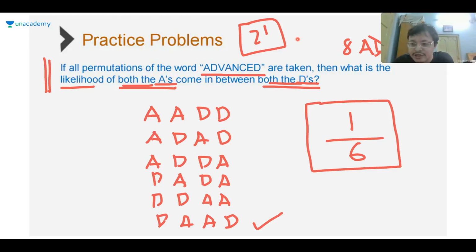So in fact, you need not do anything else in this question. Simply mark the answer as 1 by 6. The total number of permutations of the other alphabets are irrelevant as far as the question is concerned, because all that matters is the relative positioning of the A's and the D's. Is it clear, everybody, why the answer is 1 by 6?